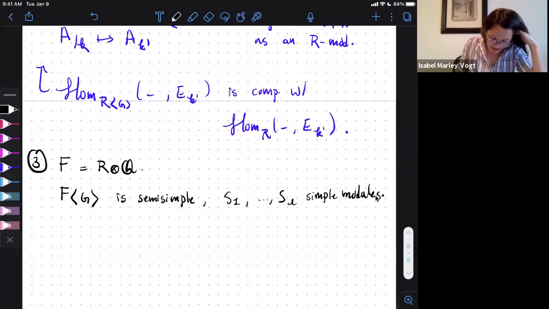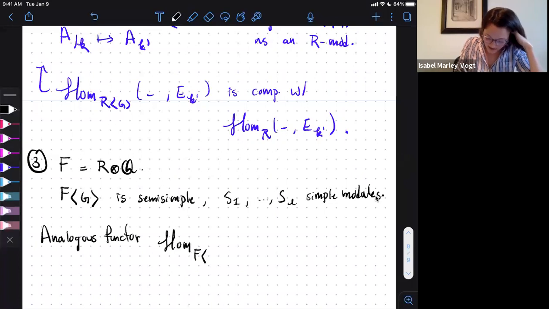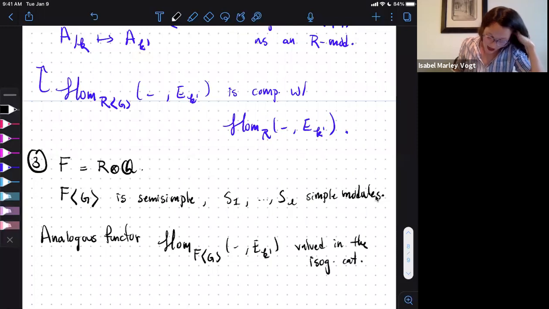Then there's an analogous functor, fancy Hom of F⟨G⟩ into E_K'. But the difference is that this is valued in the isogeny category. So the isomorphism class of something in the image here determines the isogeny class.